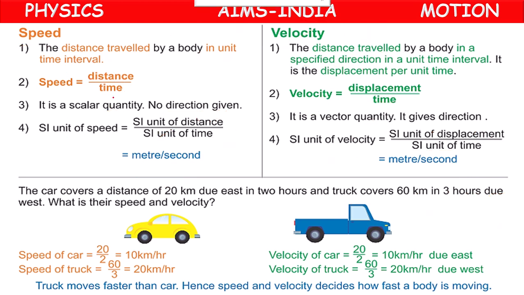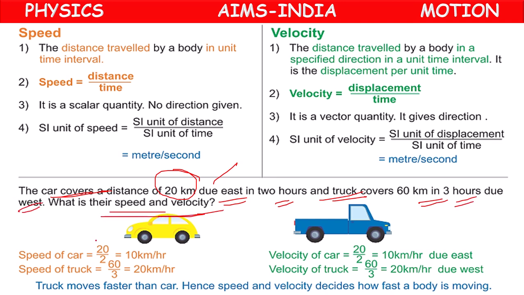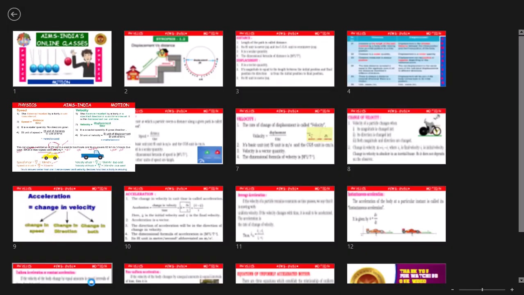Okay. So next. Suppose a car covers a distance of 20 km due east in 2 hours. A truck covers 60 km in 3 hours due west. What is their speed and velocity? Speed of car means 20 km in 2 hours. 20 by 2, 10 km per hour.